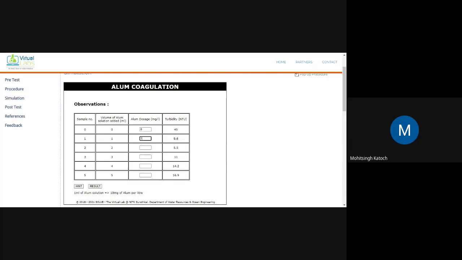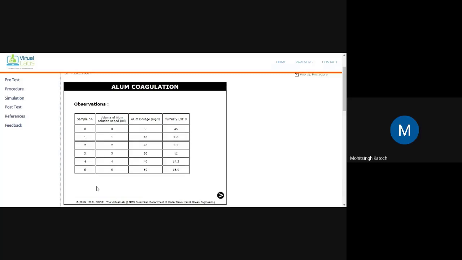We will write it as 10 mg. 2 is equal to 20 mg per liter, 3 is 30 mg per liter, 4 is 40 mg per liter, and fifth is 50 mg per liter. We will check the result. So these are the actual observations after we have filled the alum dosage in milligrams per liter.